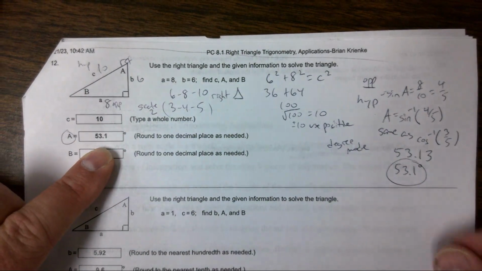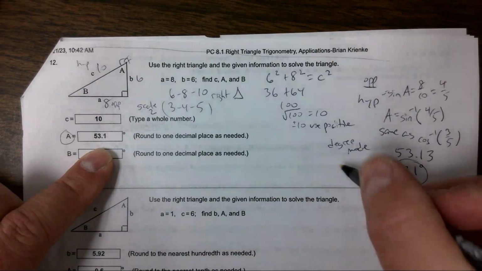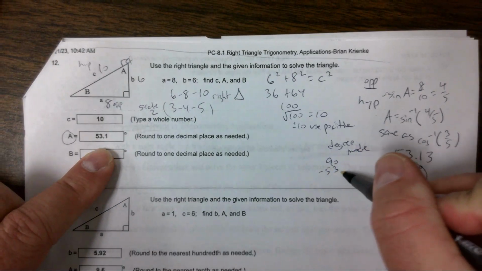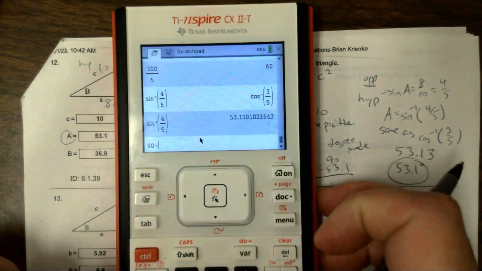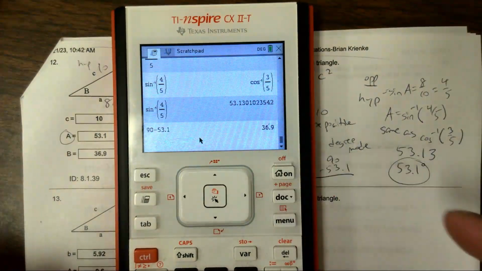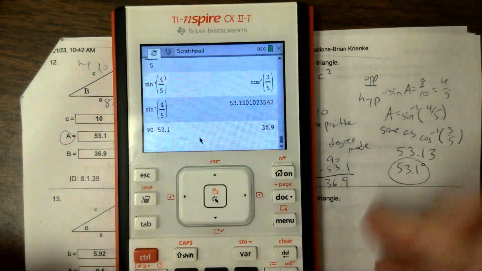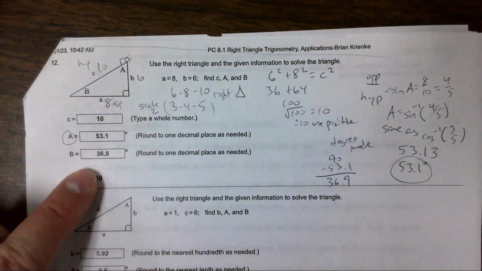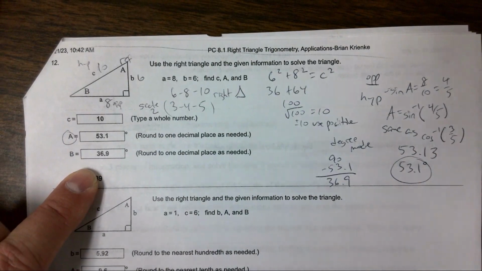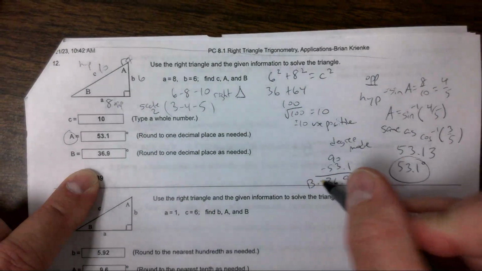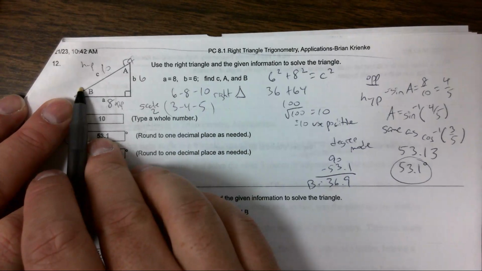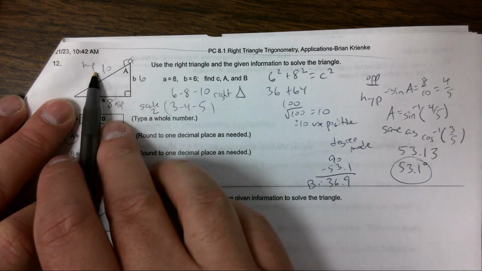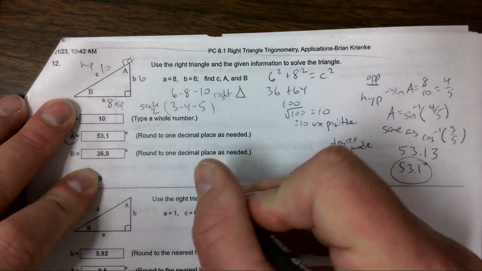And then, to me, the easiest way to get the other one is just do 90 minus 53.1. 90 minus 53.1 is 36.9. And so that's your angle B. The other way to get angle B is if you used opposite over hypotenuse for that, that would be sine.